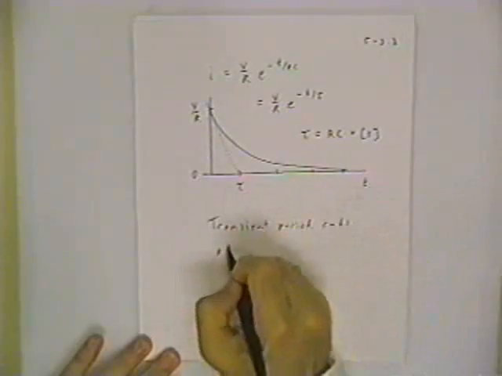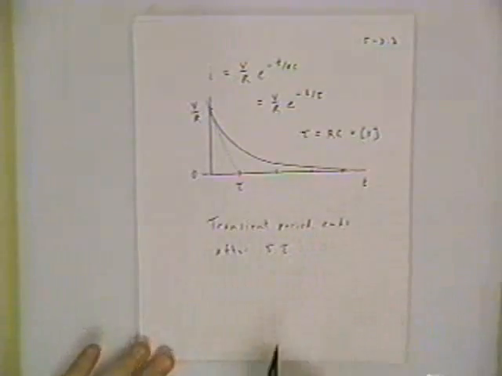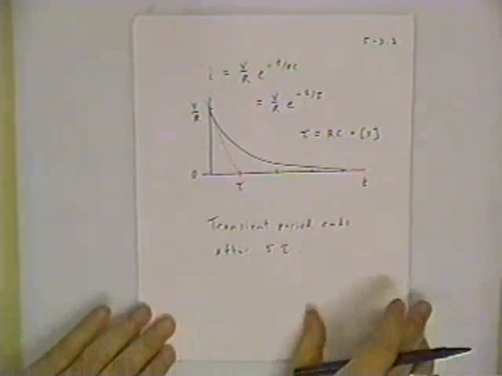You say that it ends after 5 time constants. Well then, that's the discharge of a capacitor that originally had some energy stored in it, and the mechanism for letting that capacitor discharge was to have current flow through a resistor.